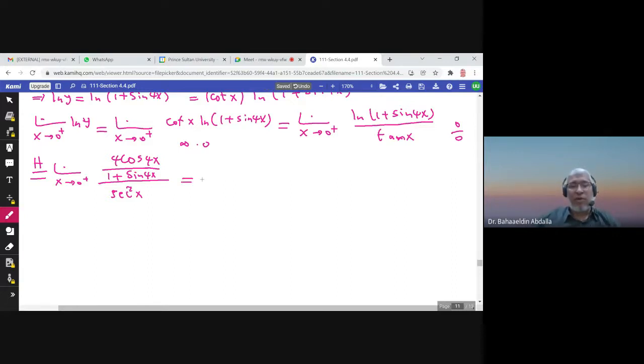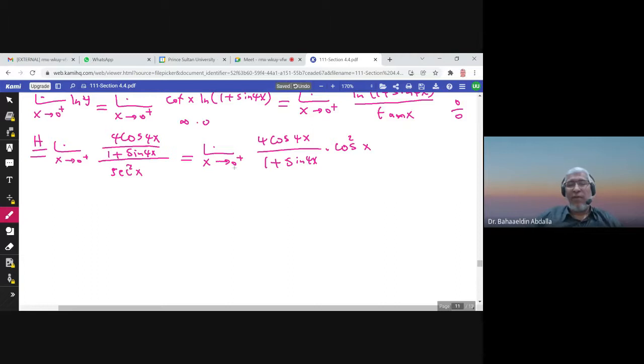I need to simplify a little. This is secant square x. I can bring it up as cosine square because 1 over secant is cosine. So I will write it 4 cosine 4x over 1 plus sine 4x times cosine square x.